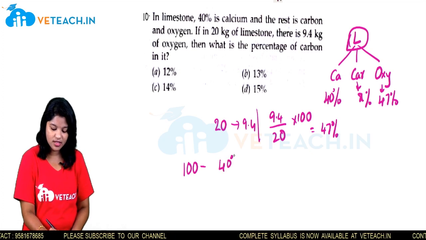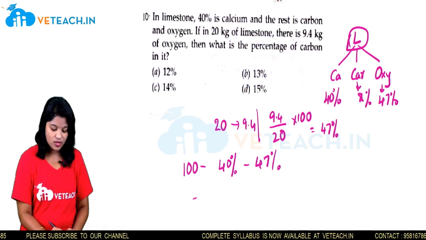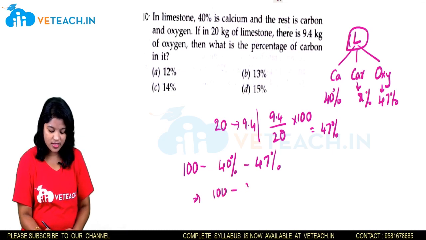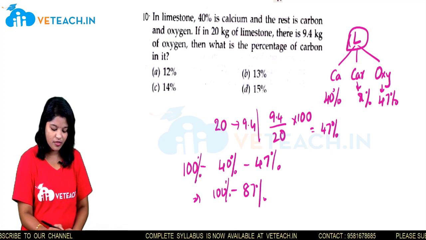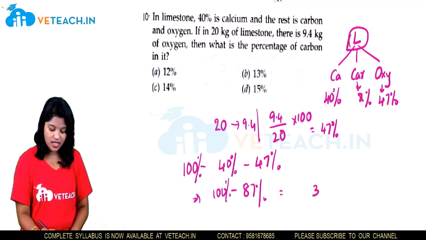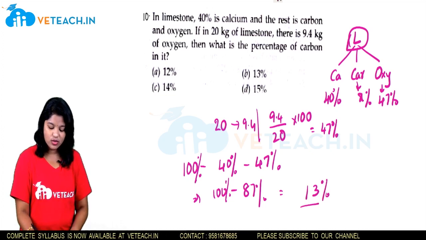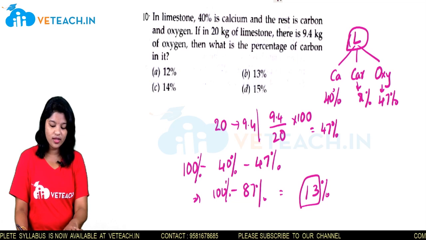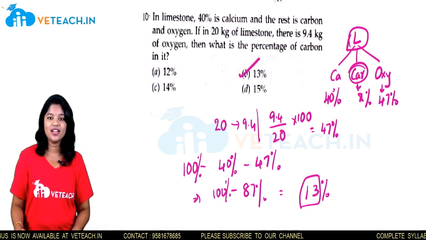From that subtract the calcium percentage and oxygen percentage. So that is equal to 100 minus 87%. 100% minus 87%, so that is equal to 13%. So 13% is our carbon value. So option B, 13 is our correct answer.